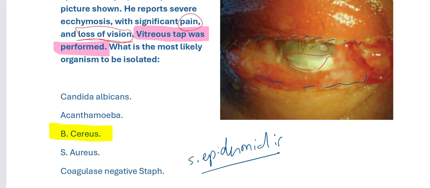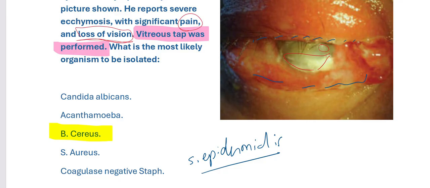In contrast to the diarrheal illness or the emesis syndrome, which are self-limiting, Bacillus cereus endophthalmitis is never self-limiting. It's a toxin-producing organism found in a confined space inside the eye, causing damage. There is a very narrow window for intervention.